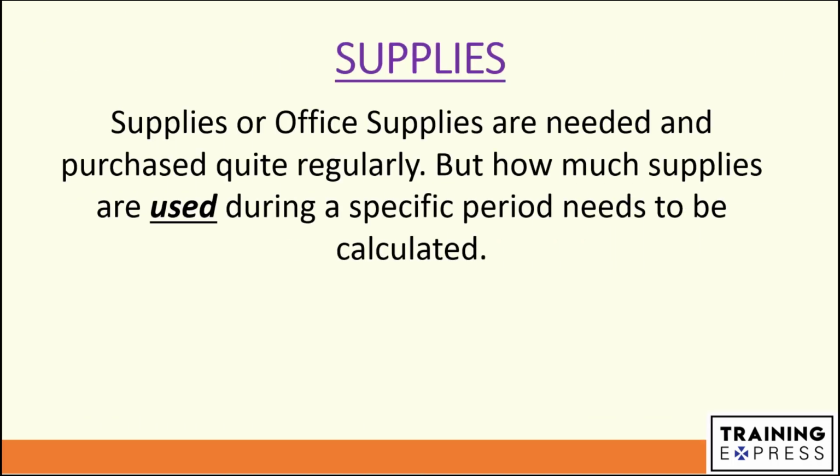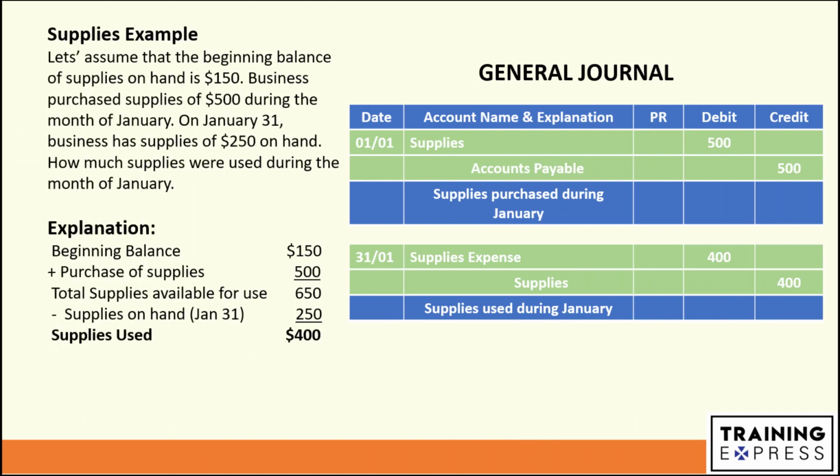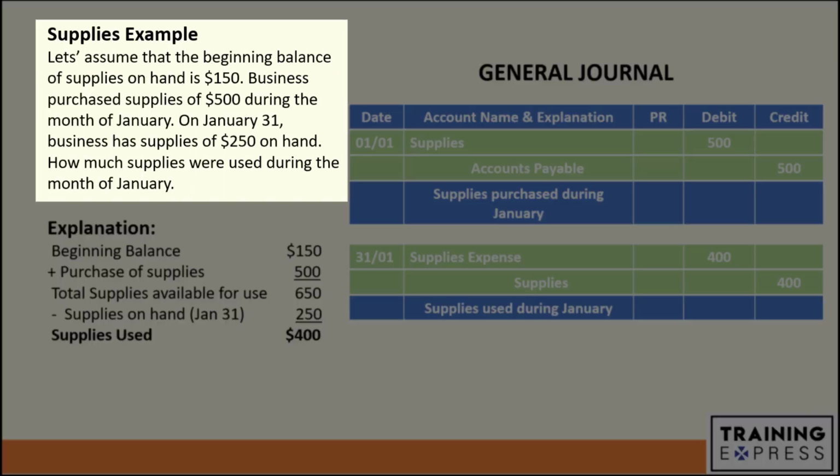Now let's look at supplies. Supplies or office supplies are needed and purchased quite regularly. But how much supplies are used during a specific period needs to be calculated. Now let's look at a supplies example.